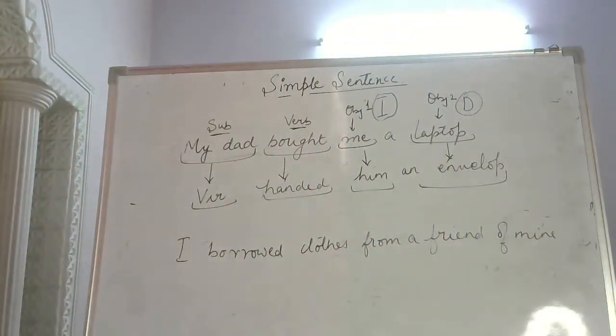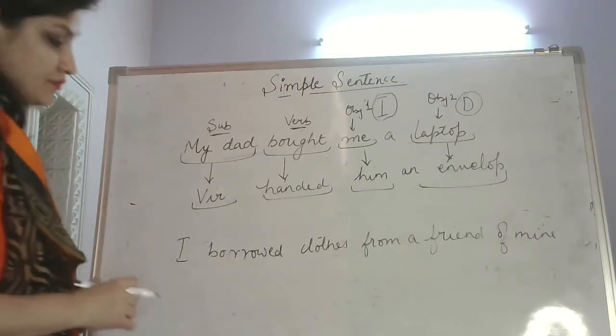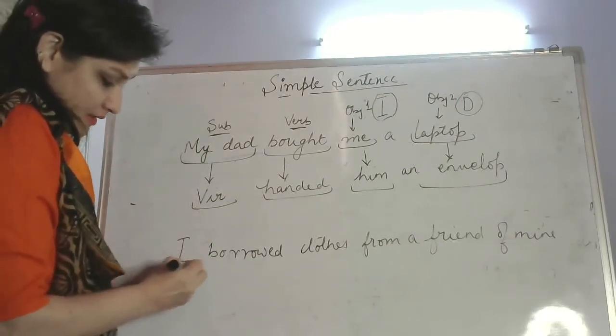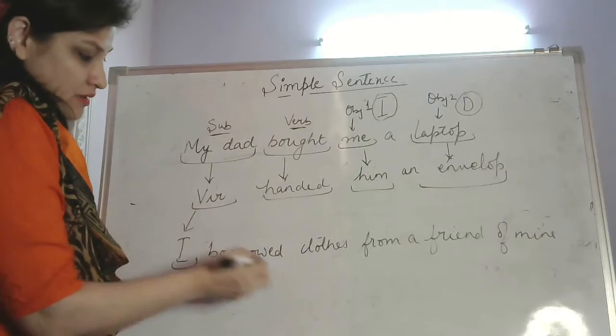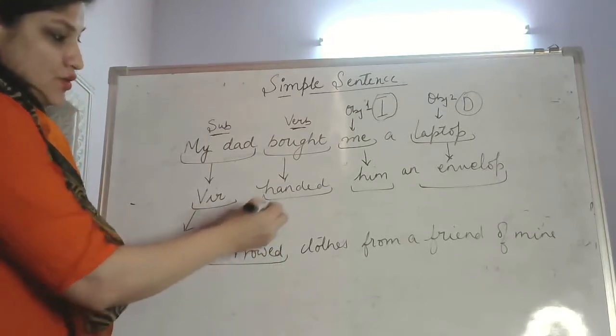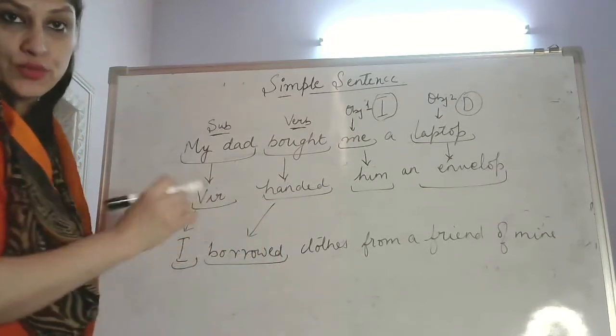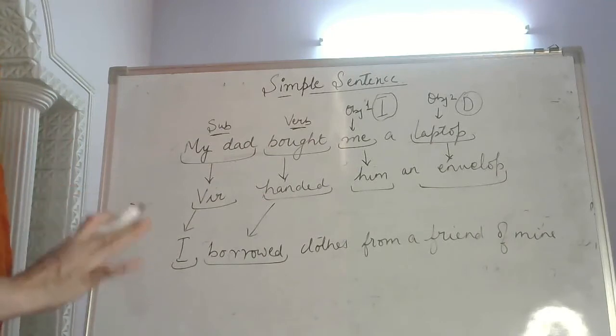I'm sure you can see the sentence. Again, I is the subject. Borrowed is your verb. I hope you're able to connect it. Please make sure that you understand.